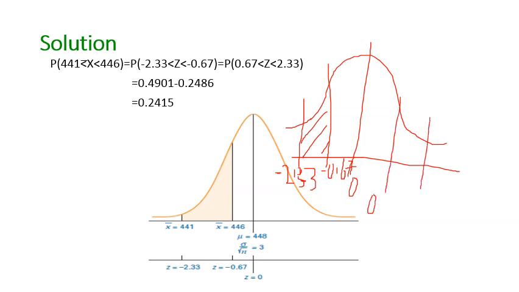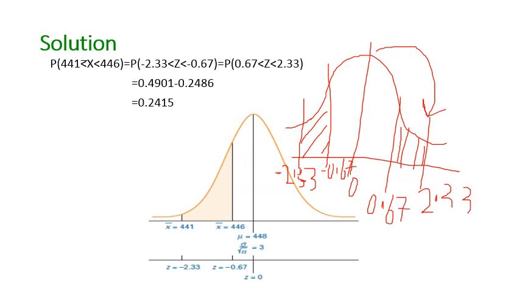So now this is the value of 0.67, and this is the value of 2.33. So I can get this area from the standard normal tables. Okay, how can I get this area? I will start by the area from 0 up to 2.33.